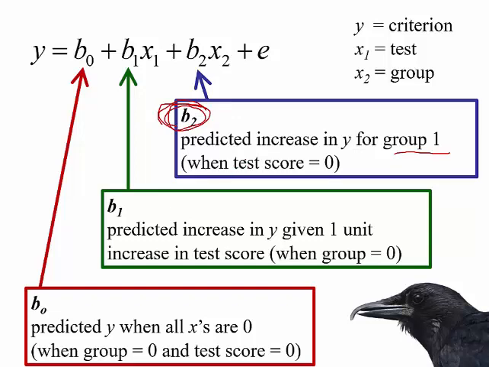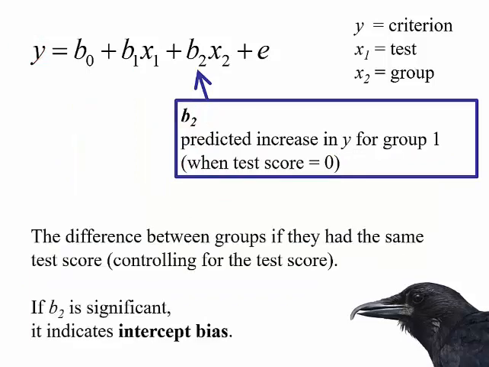So in other words, if we're holding test score constant at 0, if everybody has the exact same score on our test variable, so if everyone has the exact same level of social interaction, or if everyone has the exact same level of the GRE score, then what is the predicted increase in y in our criterion given a 1 unit increase in group membership, which is going from group 0 to group 1. And so if this is a non-zero value, it means we have intercept bias.